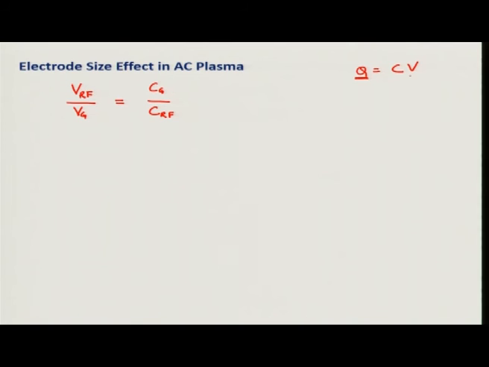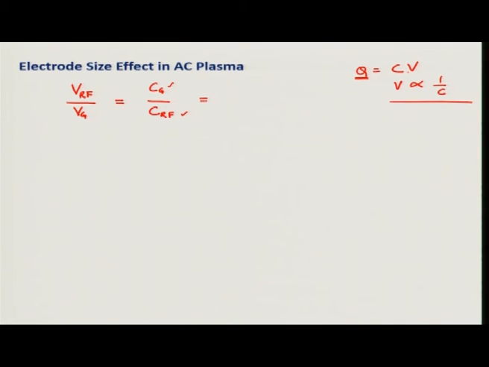So, V becomes 1 over C, and the voltage distribution would be in accordance with their capacitance.